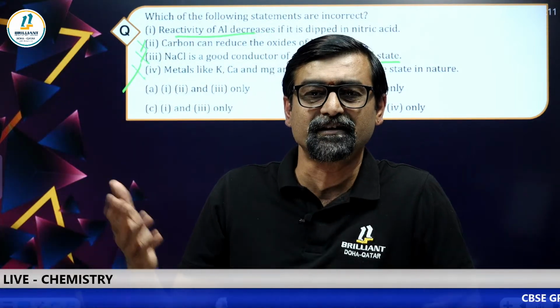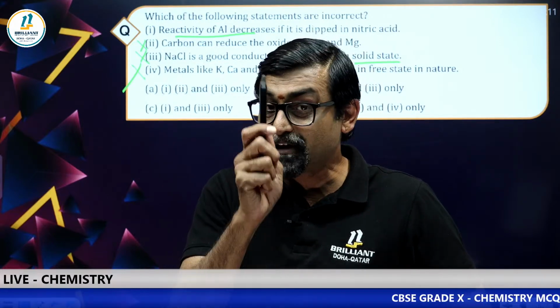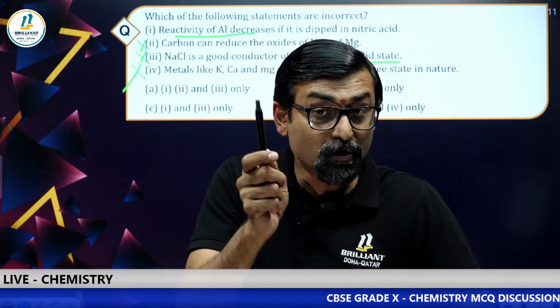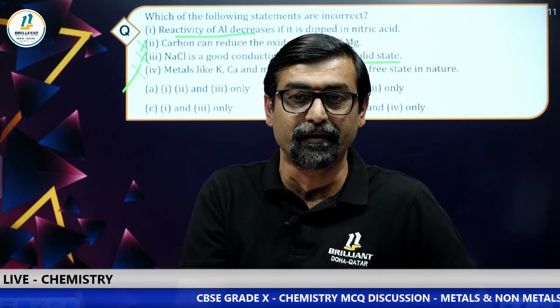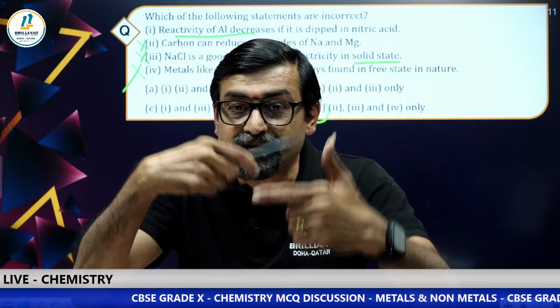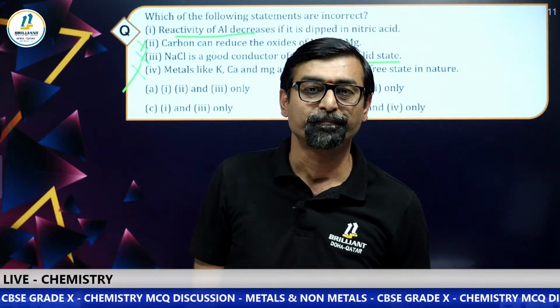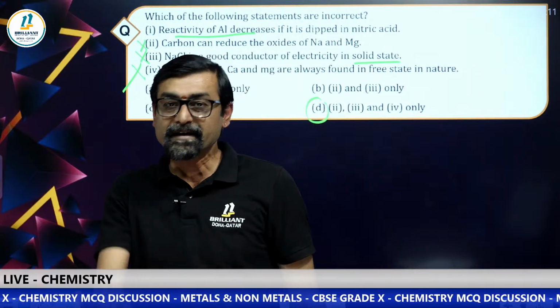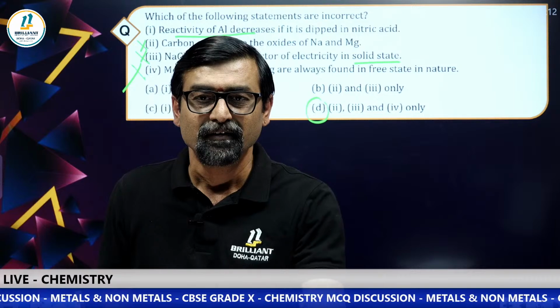Why? What is the reason? You all know that there are a few metals like magnesium and aluminum. These metals, when exposed to air, undergo oxidation. They form an oxide layer around them, right?